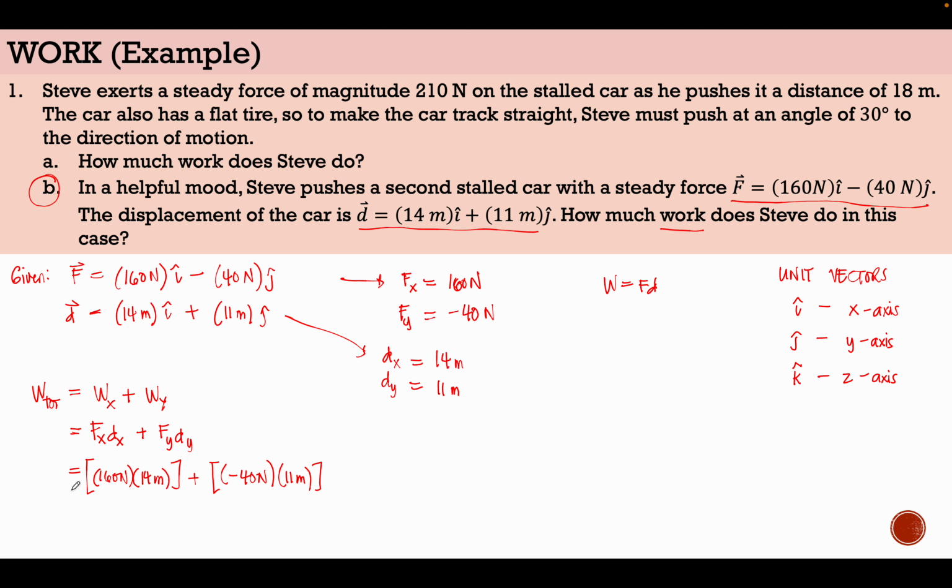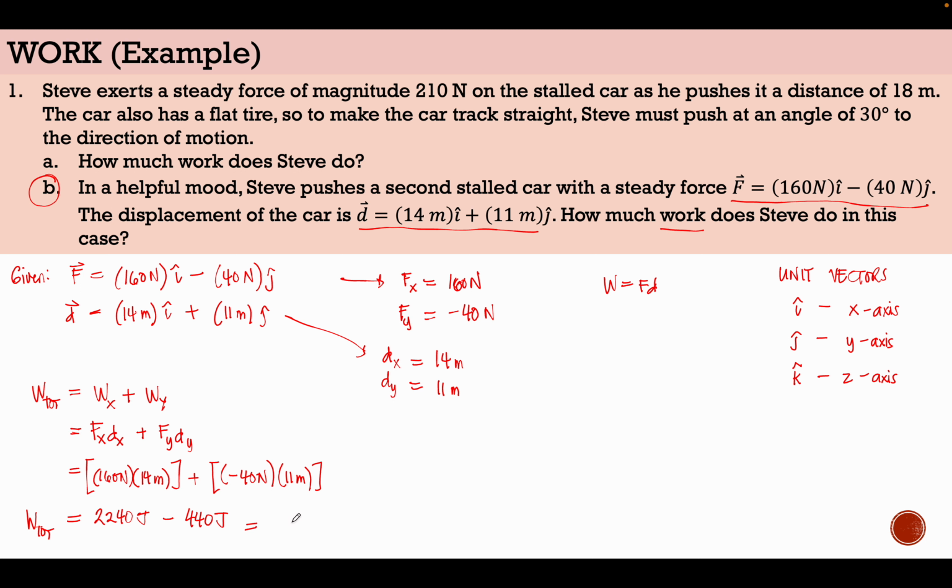So 160 times 14 gives us 2,240 joules. And for our y components, negative 40 times 11 is negative 440 joules. So we have 2,240 joules minus 440 joules.